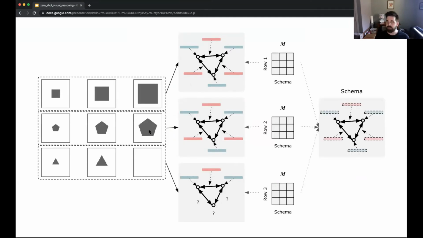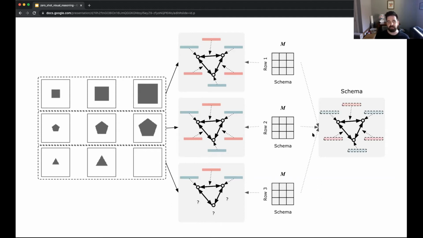And so the approach we've taken instead is to treat the process of solving a Raven's matrix problem as a kind of within problem schema induction, where the objective is to identify a common schema representation and also mappings between this representation and each of the rows. And so if all goes well, this schema is going to represent the abstract pattern that's common across the rows.